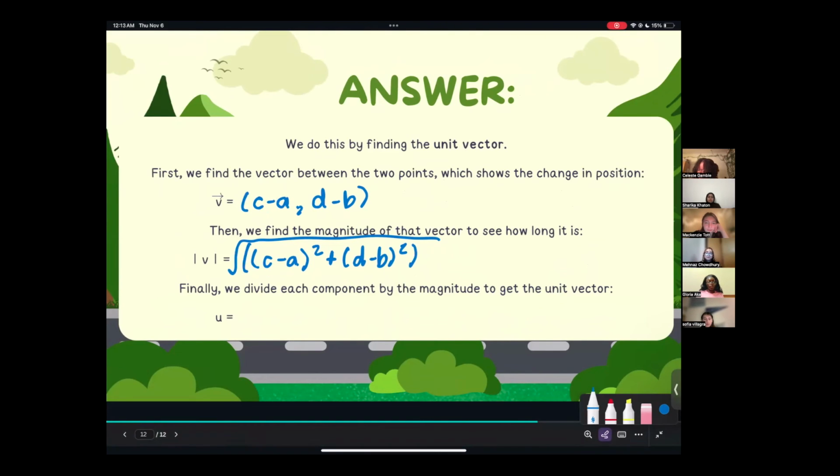So the unit vector is the vector divided by its magnitude, which is equal to (c minus a divided by the magnitude of v, d minus b divided by the magnitude of v).